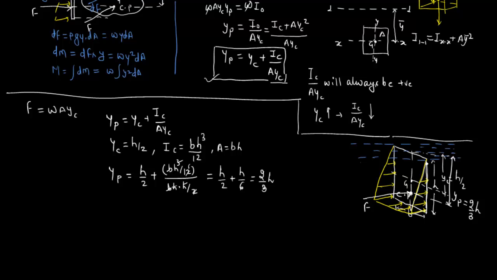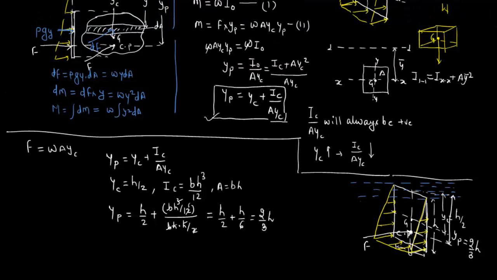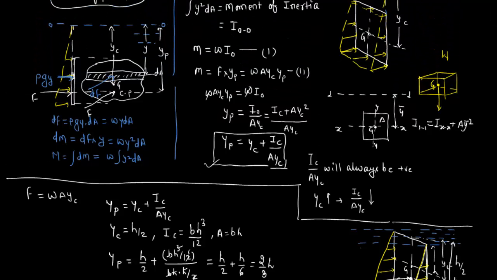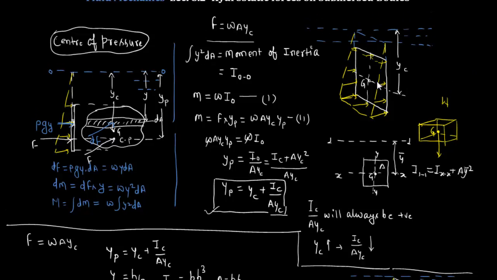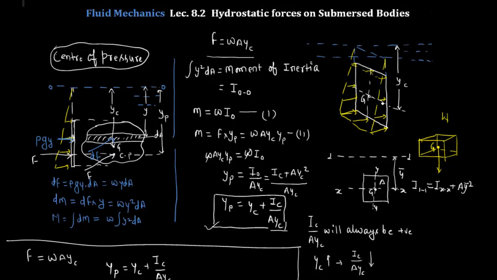Let's suppose the top edge of this plane surface is not exactly at the free surface, like in this case. So in this case, it has some distance from the free surface.